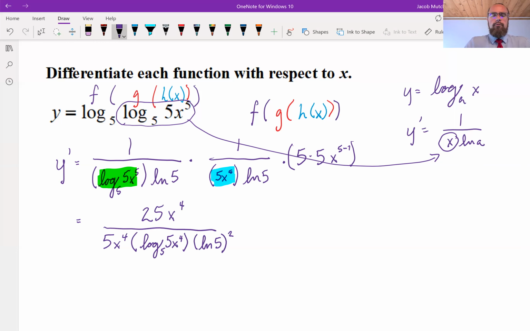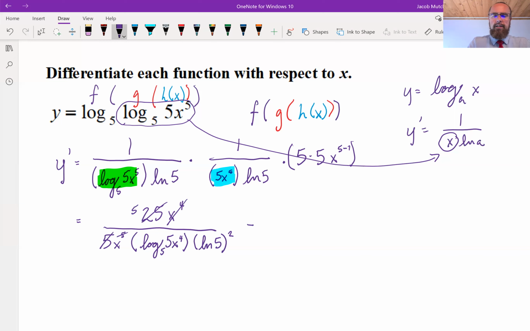So we've got it all in one fraction. We just need to cancel anything that is cancelable. And let me make sure I get my power correct on this denominator. It should be 5x to the power of 5. So there's a cancellation there. The 25 divided by 5 will leave 5 in the numerator. X to the 4th divided by x to the 5th will leave an x in the denominator.